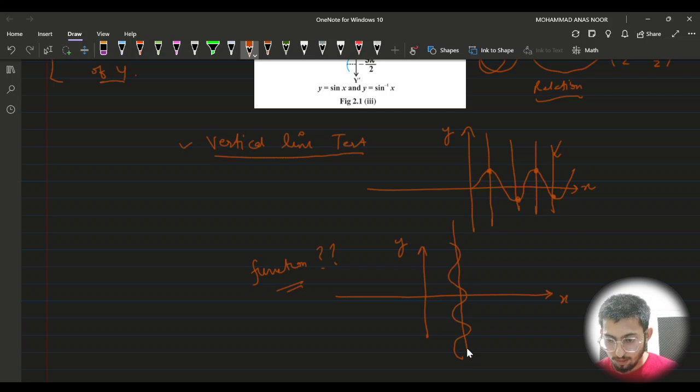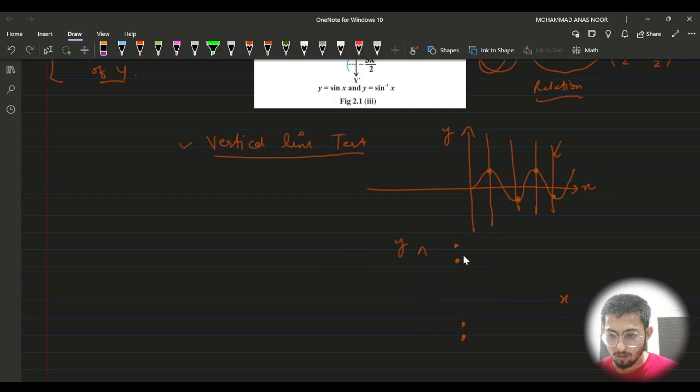Now you can easily see that this vertical line is cutting the graph at various points. This is just a relation, because for some value of x you are getting several values of y, isn't it? In other words, it's called the vertical line test.